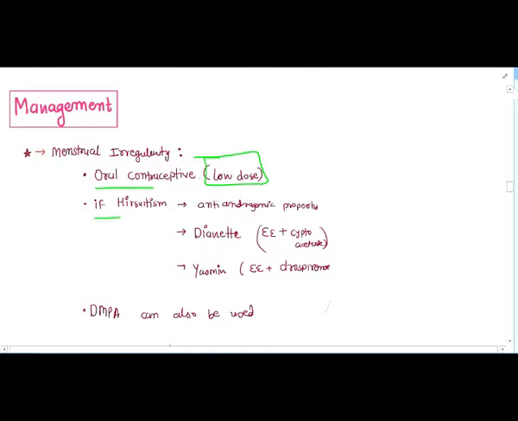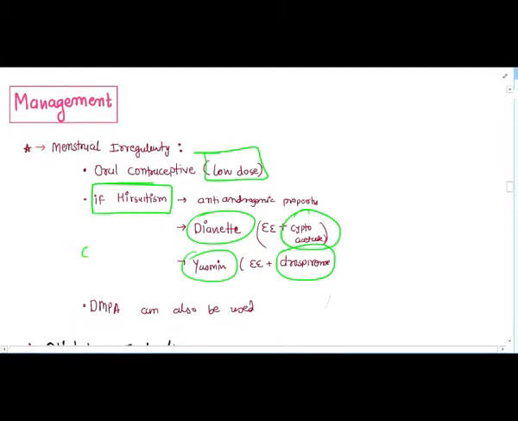If we encounter hirsutism also, then we can prescribe oral contraceptives having a progesterone with anti-androgenic property, for example cyproterone acetate or drospirenone, both available as Diane or Yasmin. All these kinds of OC pills have anti-androgenic activities. So this is prescribed here.